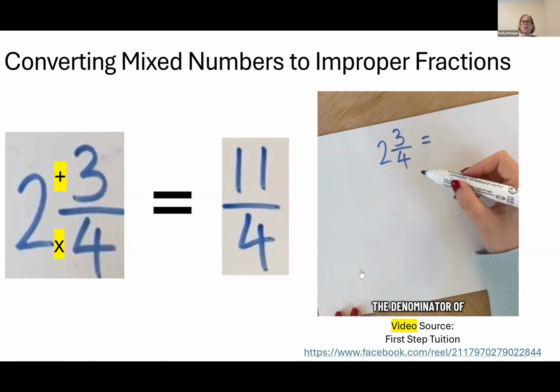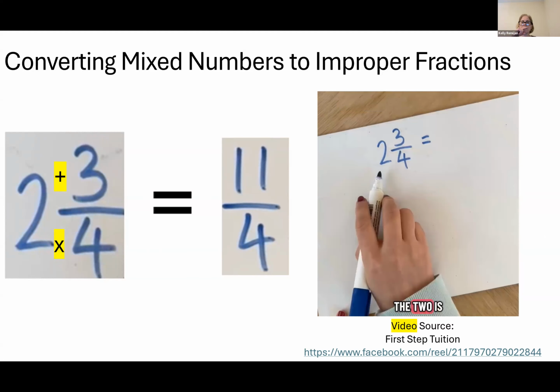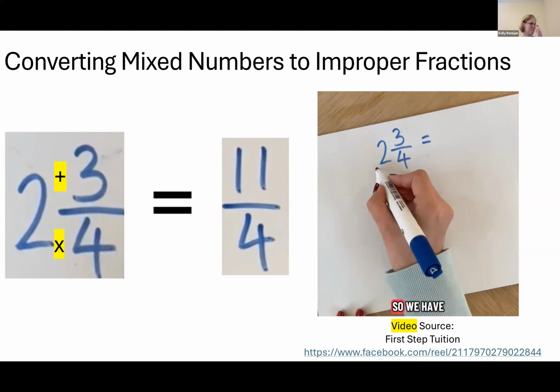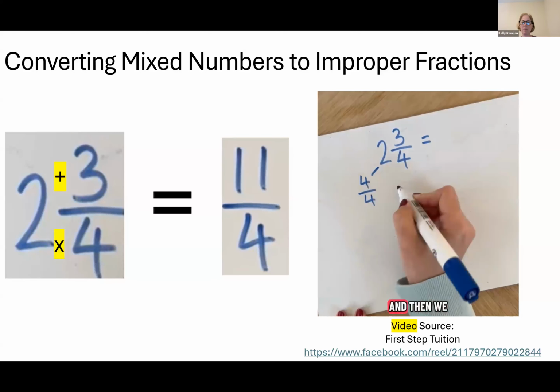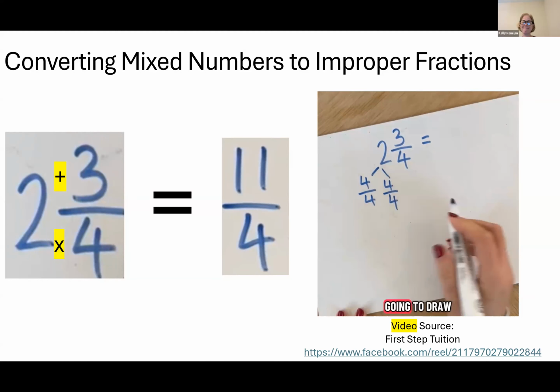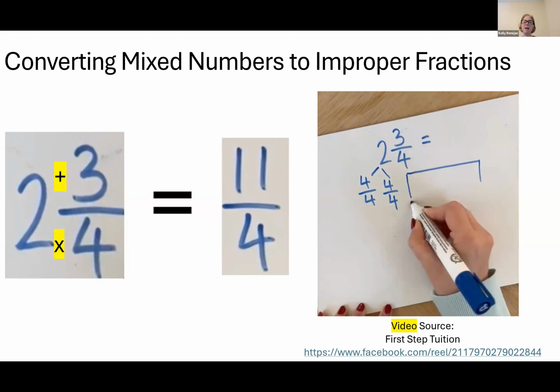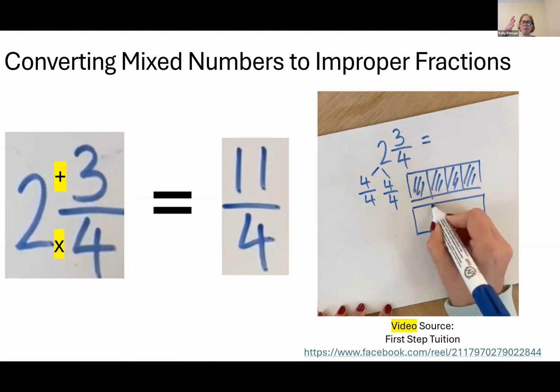So take a look at this video here. The denominator of 4 is telling us that we're looking at a whole number that is split into 4 equal parts. The 2 is telling us that we have 2 wholes. So we have 4 quarters, and then we have another 4 quarters. So now I'm going to draw 2 fraction bars to represent 2 of these wholes. And then we have pictures that are representing.